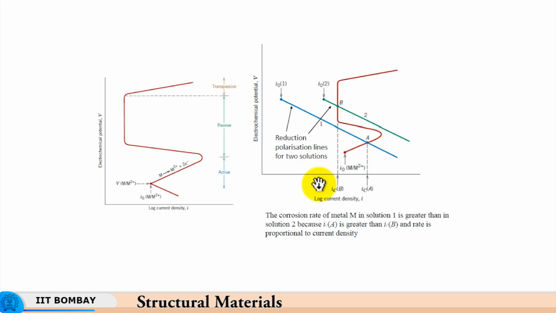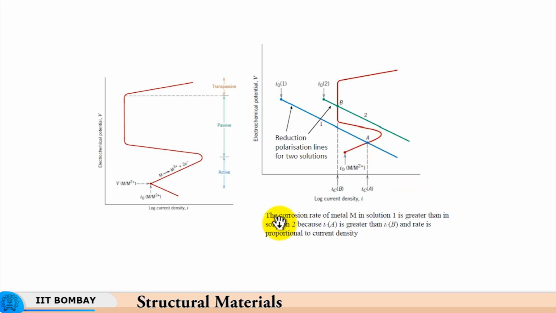For example, in one case you may have hydrogen, in another case you may have something else. Now, here if you see, this is the line corresponding to the anode, and then you have the reaction with the cathode.